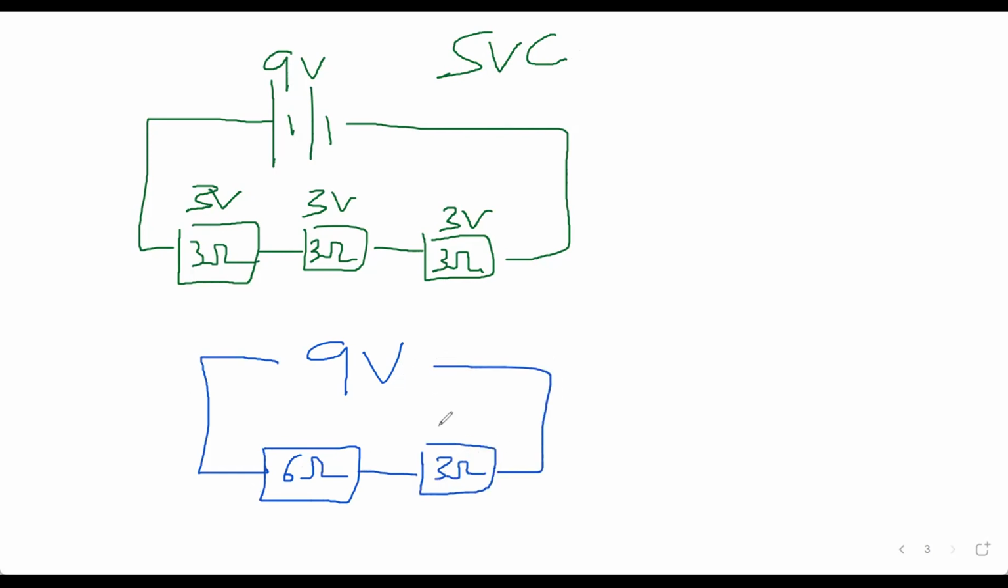So how will the distribution of the cake be right now? How much voltage will this guy get, and how much voltage will this guy get? The bigger resistor, guys, like the bigger VIP, will always get the bigger piece of the cake, right? So this guy here will right now get 3 volts, and this guy here will right now get 6 volts. 6 and 3 volts, the distribution will be different already, guys.